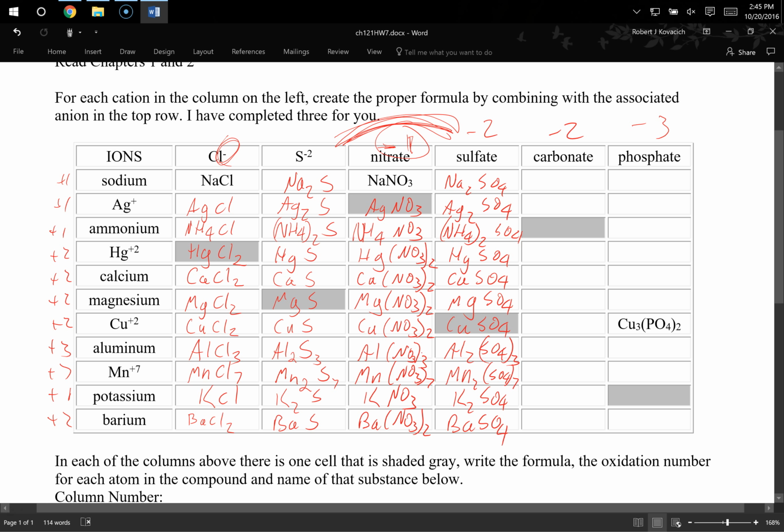And the next column is going to look basically exactly the same. Everywhere I have a sulfate, I'm going to swap that out for a carbonate.